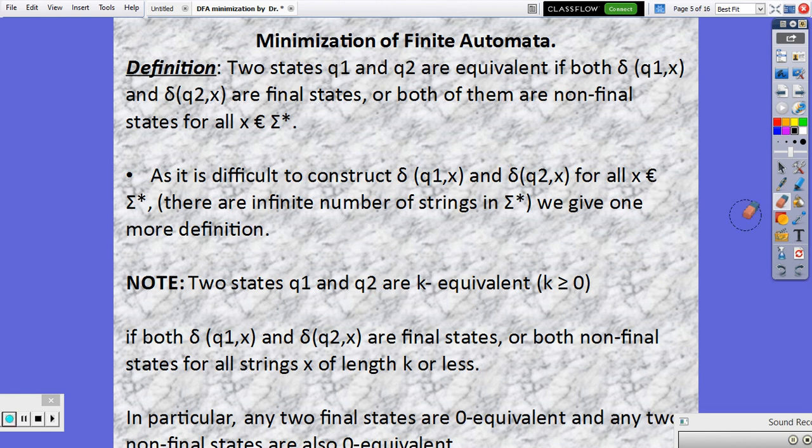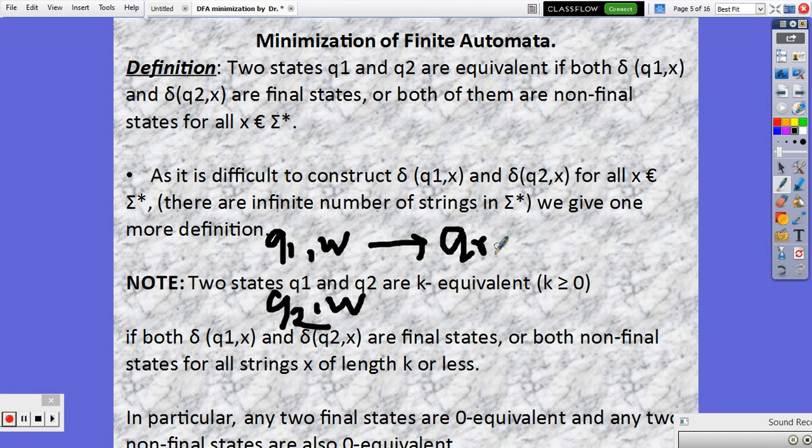Let's say we have one state Q1 and one state Q2, and we are reading the string w. From here also we are reading the string w, and after reading the string w, I am reaching here to Qr. Let's say this is one state, and here I am reaching Qp, and we assume that this string is of length k or less.